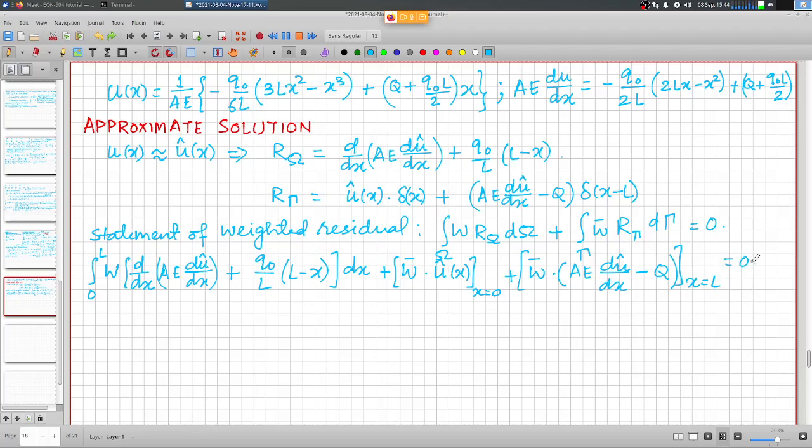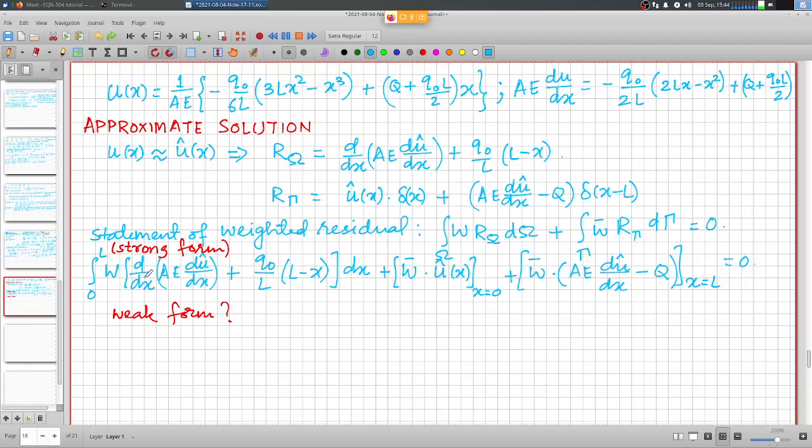Now we can develop the weak form of the weighted residual. This is the strong form. And now we can say weak form.